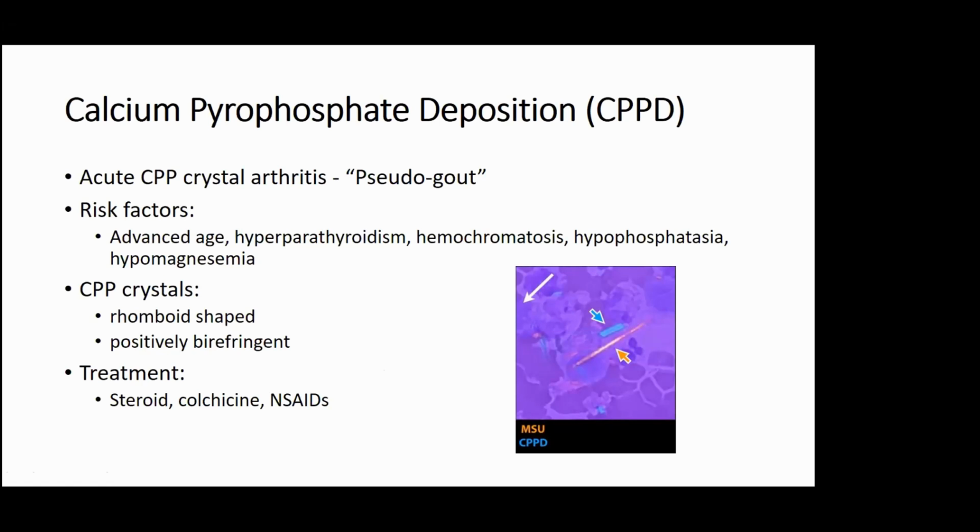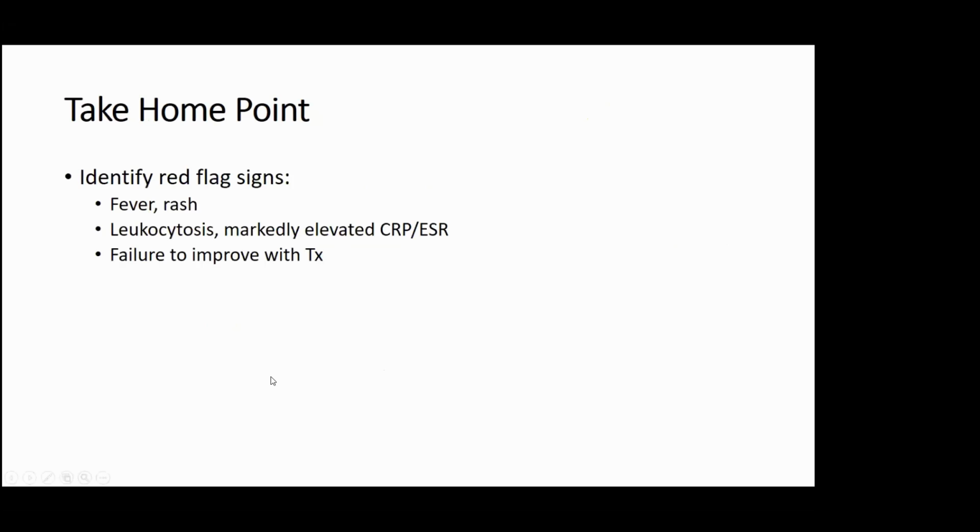We still definitely need to differentiate these two diseases, also because they are very similar in their symptom onset. So here are a few take-home points from today's talk. For any patient with a single joint pain, the first thing we need to do is identify red flags to see whether this patient has any risk factor for a septic joint.